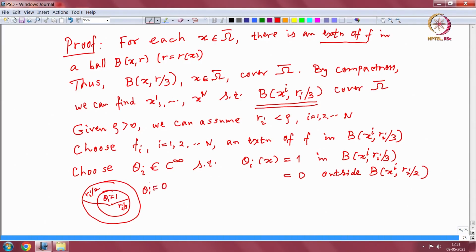We have already seen how to construct this. That is why it is important to know how to construct these test functions.